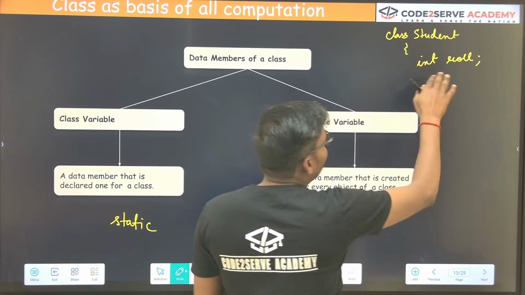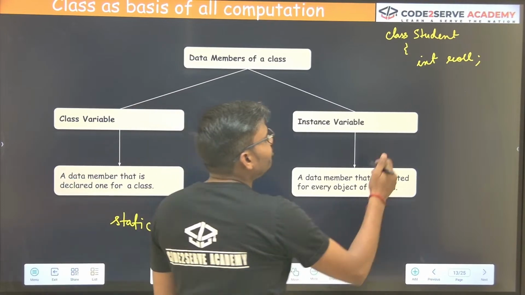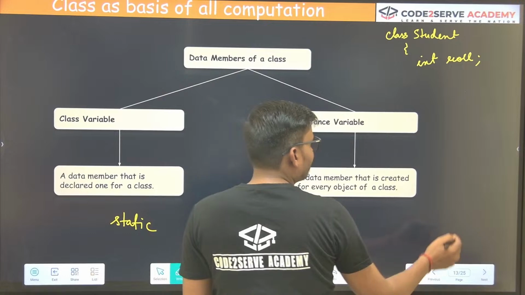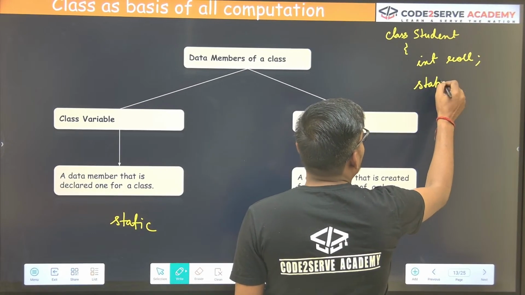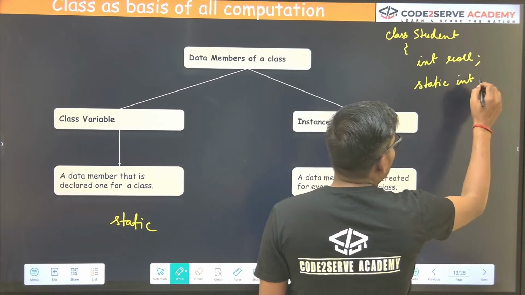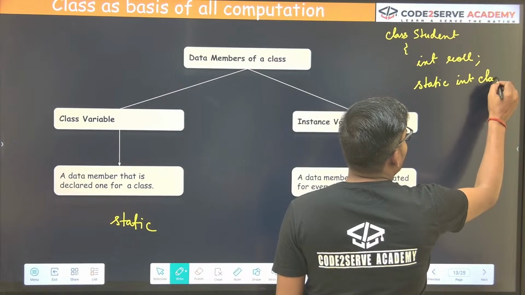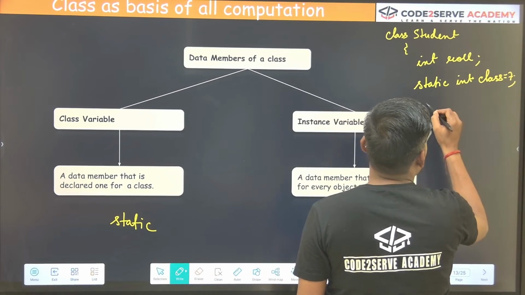So one data member is there, that is role, and the second one is static int class, suppose, and we declare it as 7.